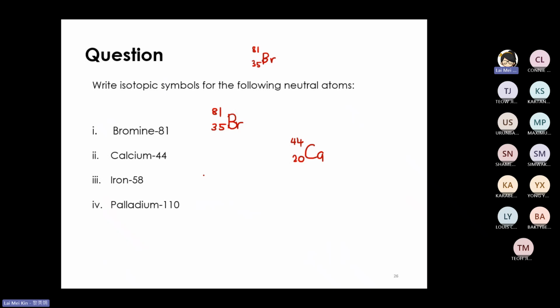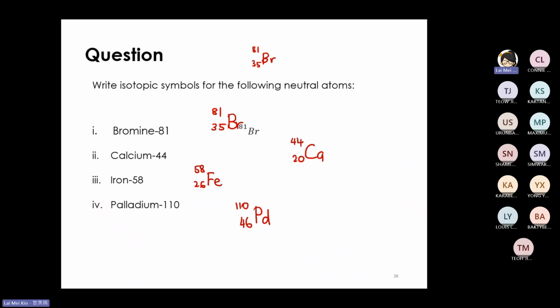And then iron, what is the symbol for iron? Fe, 58, 26, thank you. Palladium, not Pa, not Po, Pd. Palladium is Pd. You'll see number 46. So 110, 46.